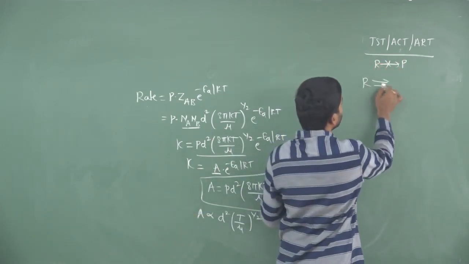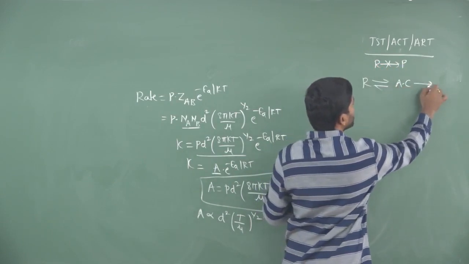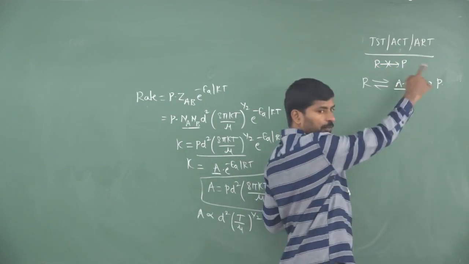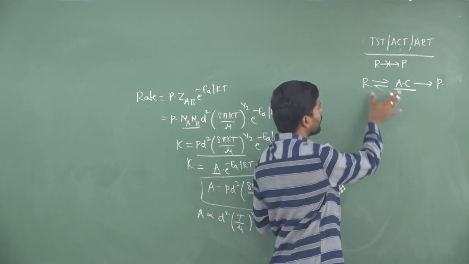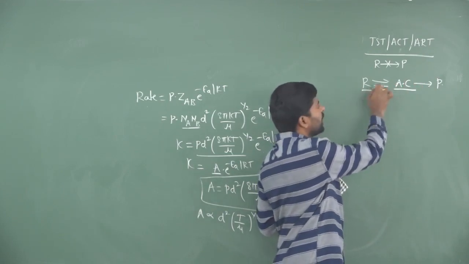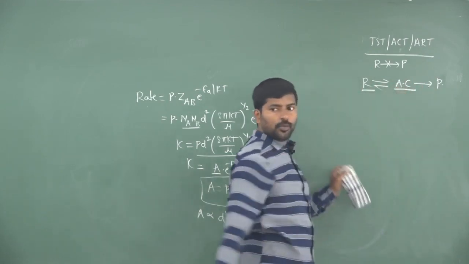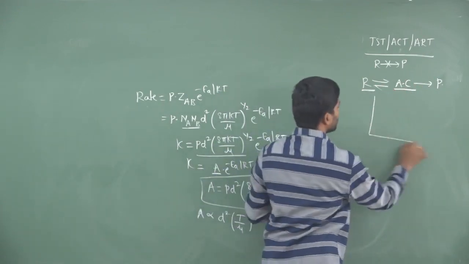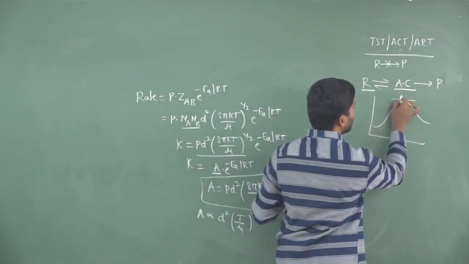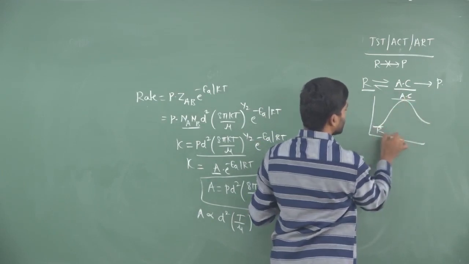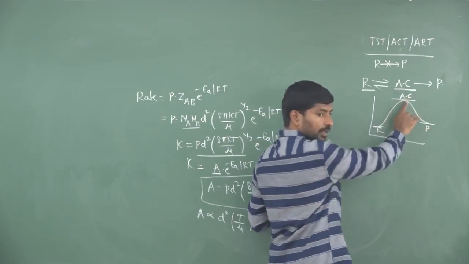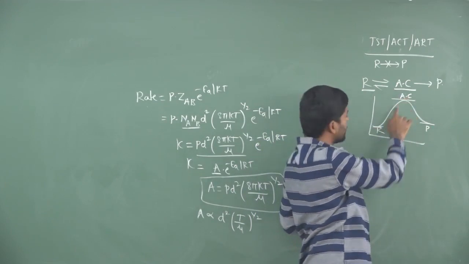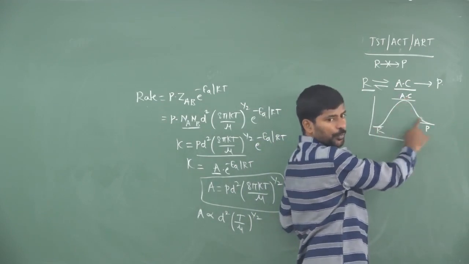Initially they form a high energy species called the activated complex, which further breaks to give products. So there exists an equilibrium between reactants and the activated complex. Through this high energy configuration, reactants can be converted to products.